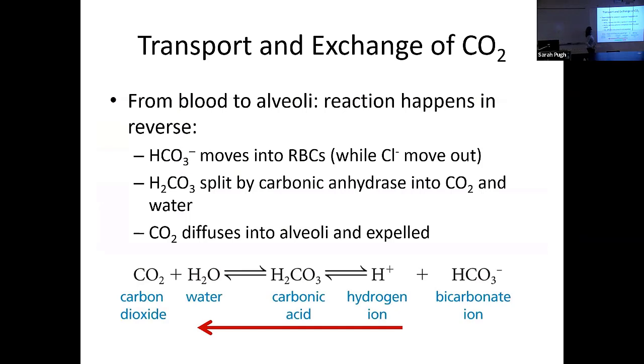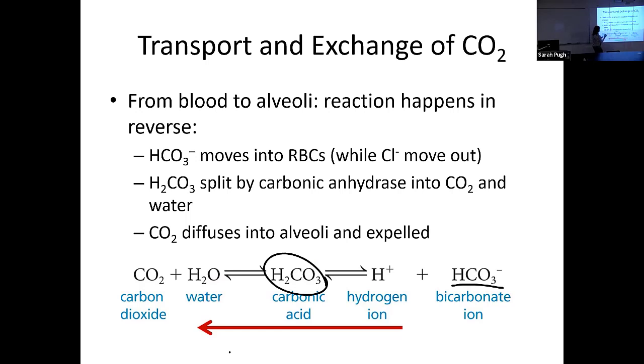Now, once we've got that CO2 all the way up into the alveoli, where we have to blow it out of the body, the reaction basically is going to happen in reverse. So here's that bicarbonate. 70% of the CO2 has been carried that way. Once it gets up into the lungs, we're going to add hydrogen to it and turn it into carbonic acid.